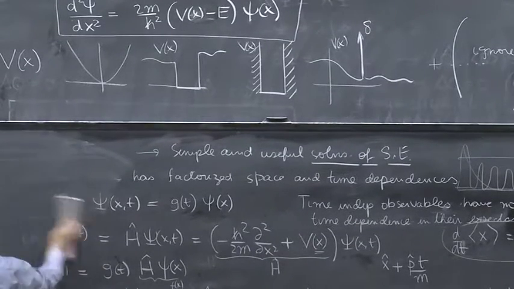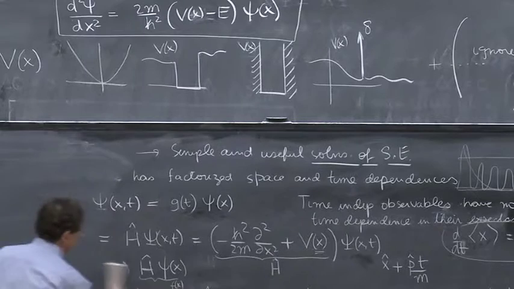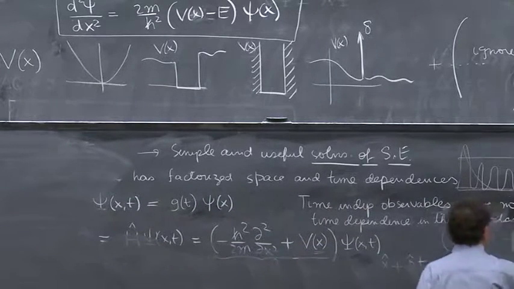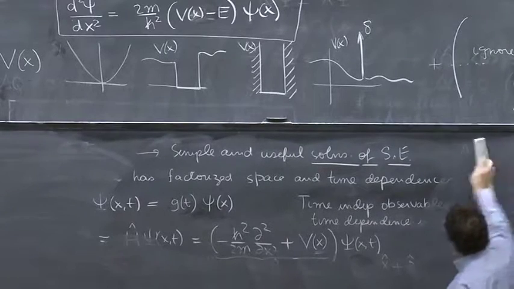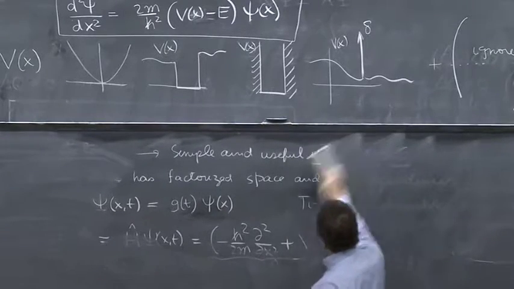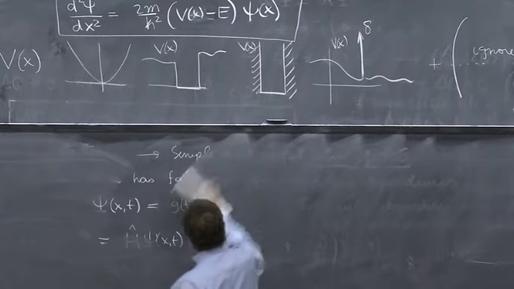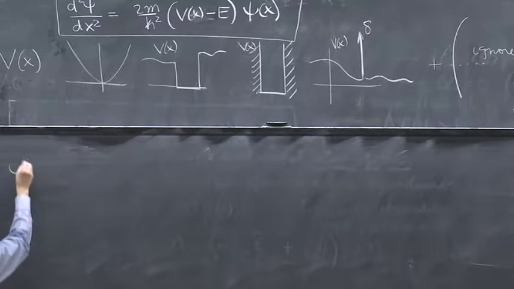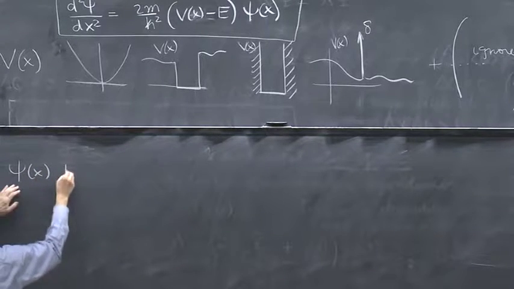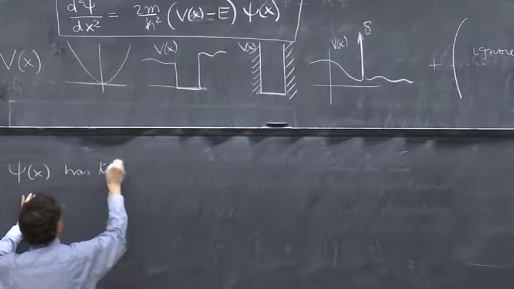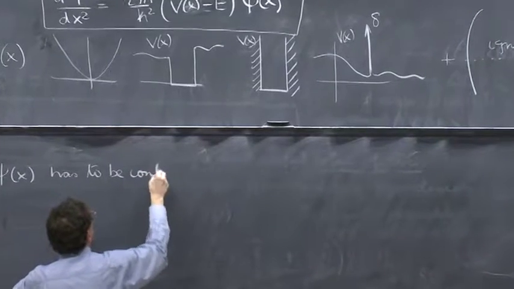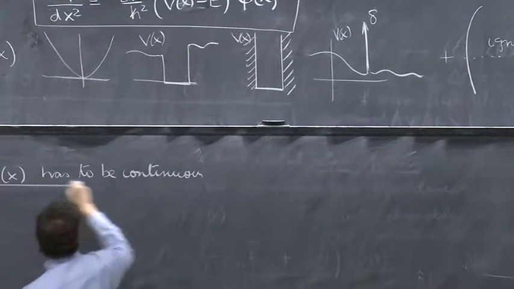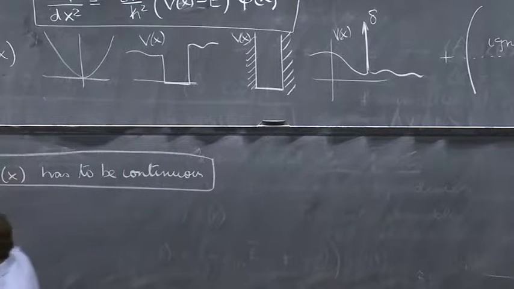So we'll look at these potentials and try to understand how to set up boundary conditions. And we're going to worry about basically psi and how it behaves. My first claim is that psi of x has to be continuous. So psi of x cannot jump.